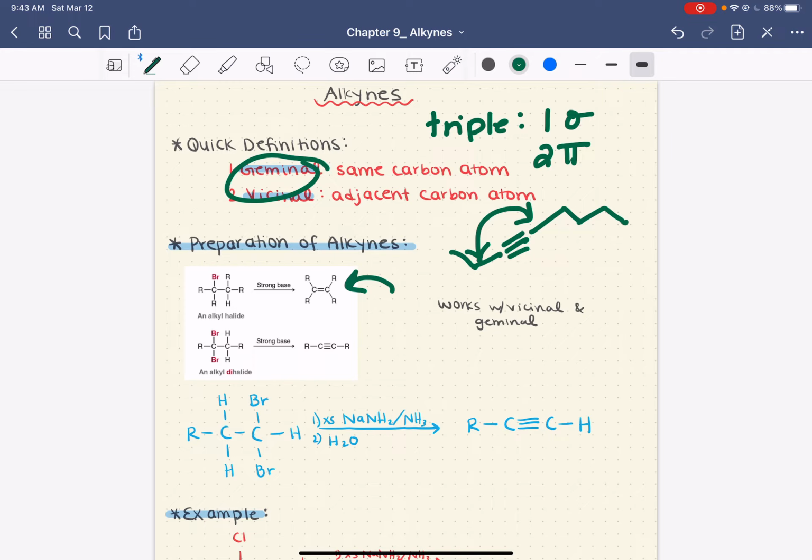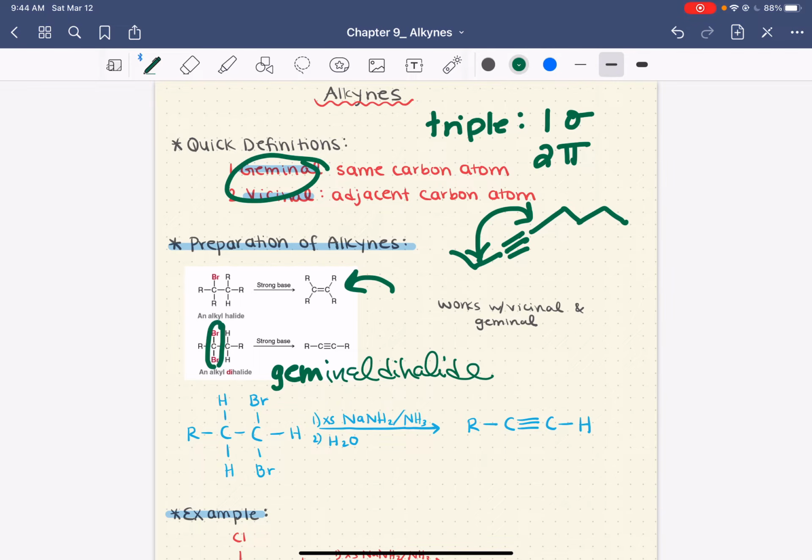Geminal dihalide means that both halogens are connected to the same carbon. Look at how both of these halogens are connected to the same carbon. This is a geminal dihalide. Now, vicinal dihalide is where the two halogens are connected to adjacent carbons.